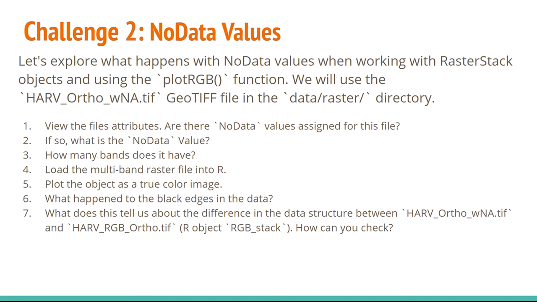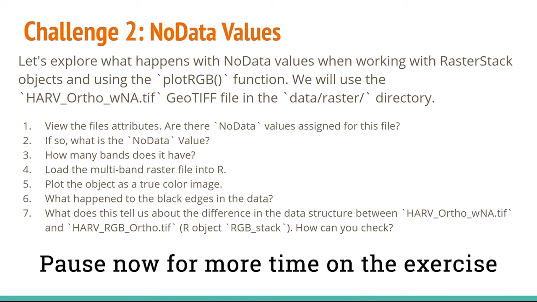Lastly, 7, what does this tell you about the difference in the data structure between harv_ortho_wna.tiff and harv_rgb_ortho.tiff, the R object that we created, rgb_stack? And how can you check this?